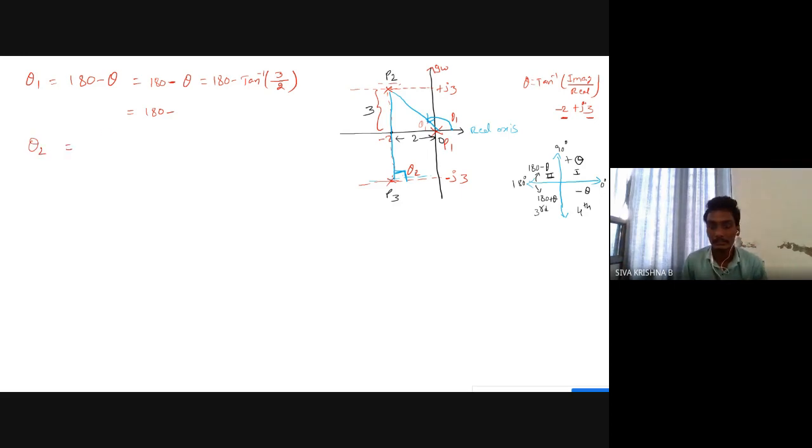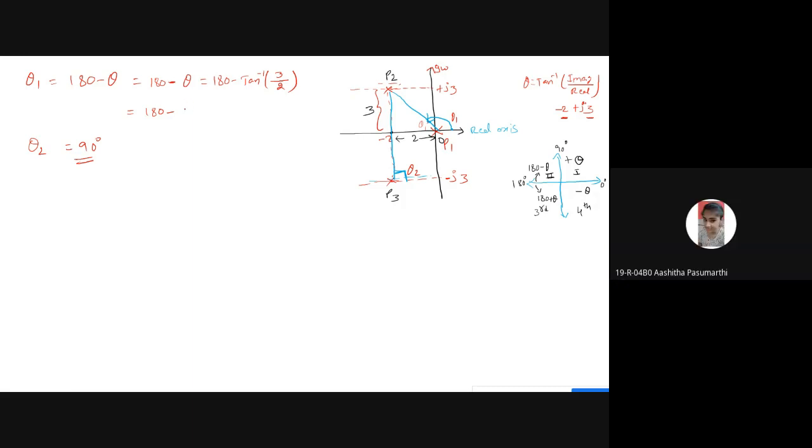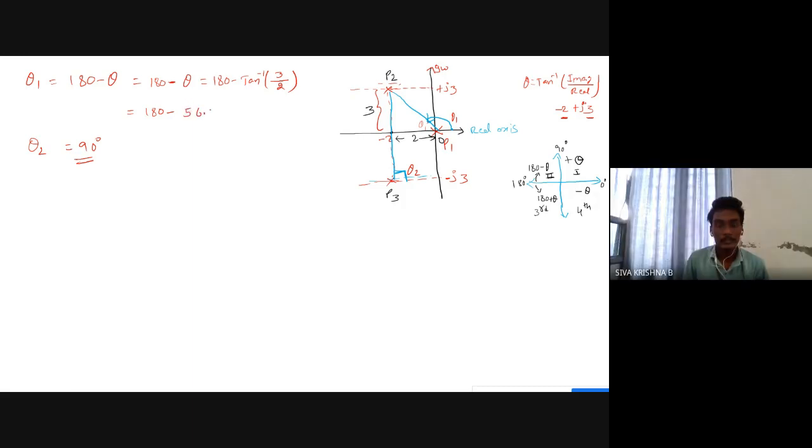And theta 2, from P3 to P2, is a straight line, so it is directly 90 degrees. What about this? Tan inverse of 3 by 2 is 56.30 degrees.